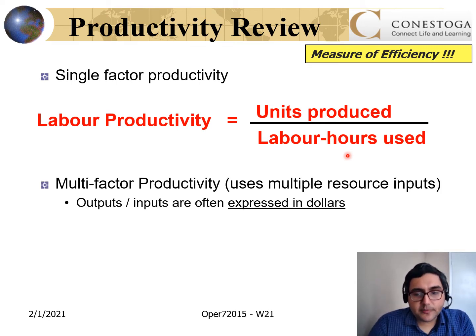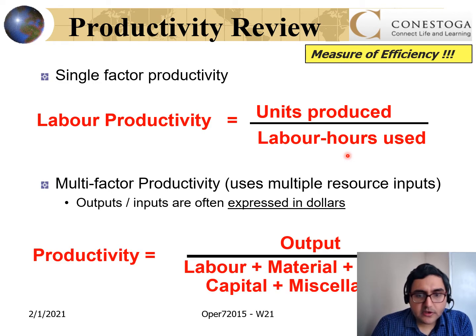And the multi-factor productivity involves the various resources, not just the labor. So we normally express them in terms of the dollar values. So one example could be, say, productivity mentioned in terms of output divided by labor, material, capital, etc.